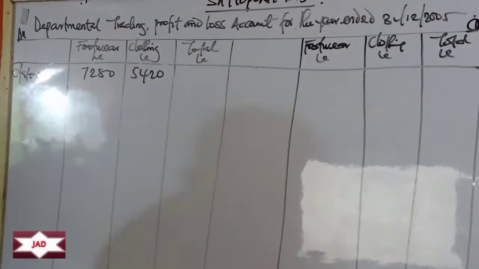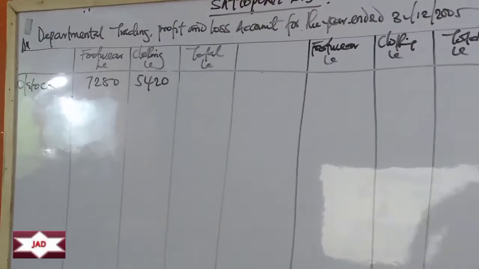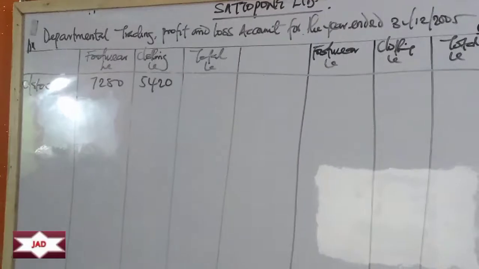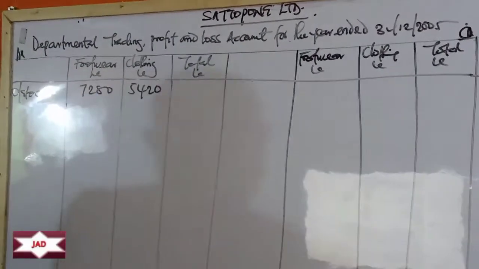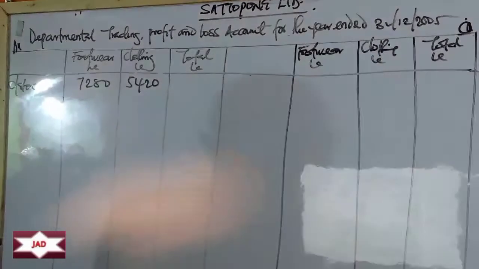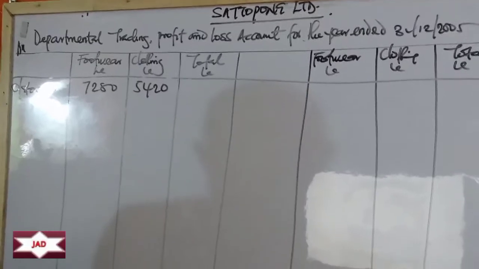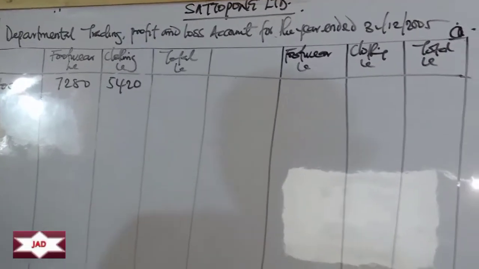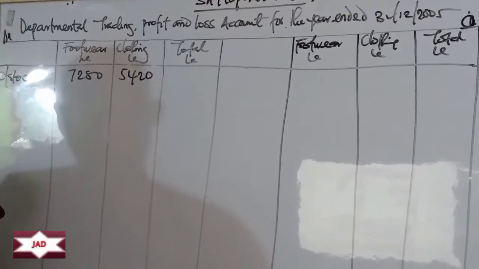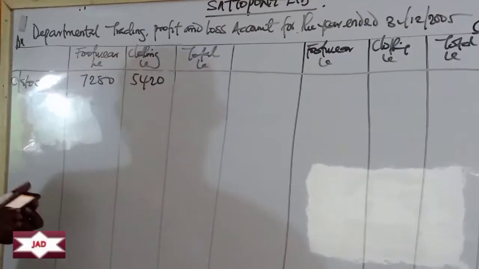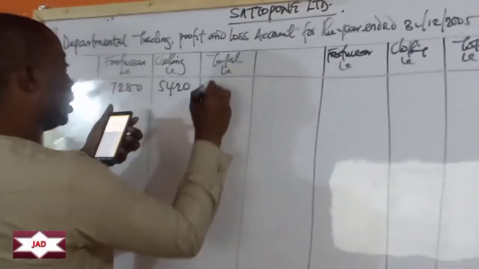Let's use our calculator. We have 7280 plus 5420. So we have 12700.